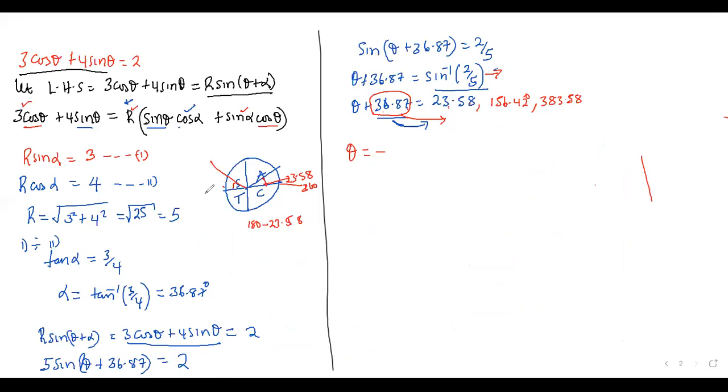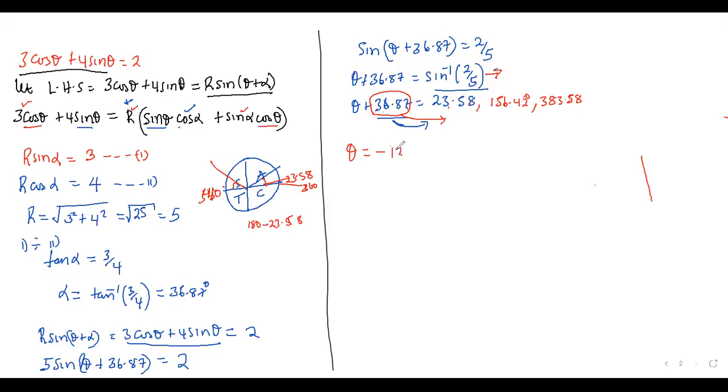Otherwise, I could have gone for the 540 here. Then you subtract off, but that will be already out of the range. So when you subtract 23.58, what do you get? Negative 13.29.